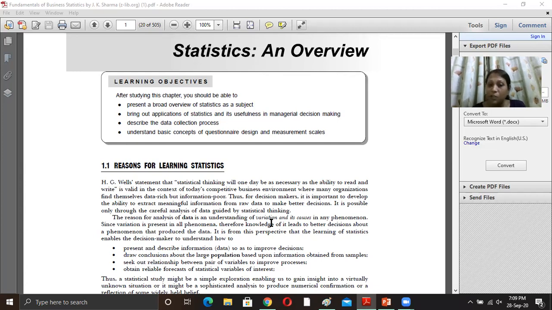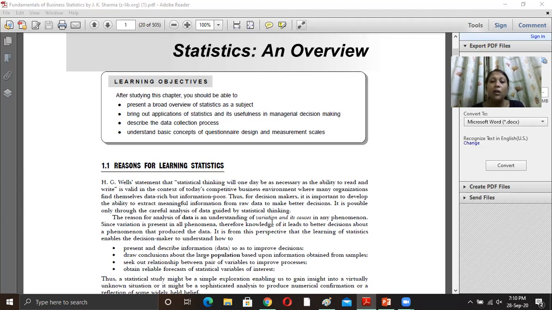It is from this perspective that the learning of statistics enables the decision maker to understand how to present and describe information or data so as to improve decisions.